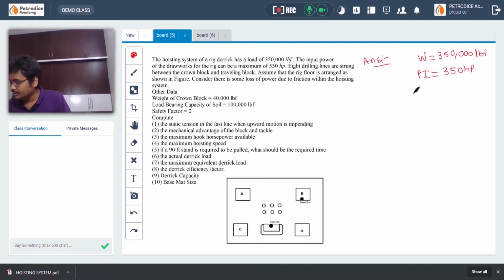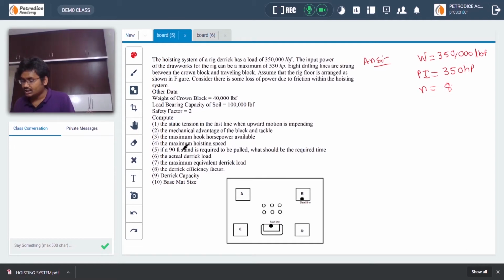Given the number of running lines, that is the number of lines between the crown block and the travelling block, N is 8. Assume that the rig floor is arranged as shown in the figure, which means the deadline is attached to B, opposite the hoisting drum. Other data: the weight of the crown block is 40,000 lbf, load bearing capacity of soil is 100,000 lbf, safety factor is 2.